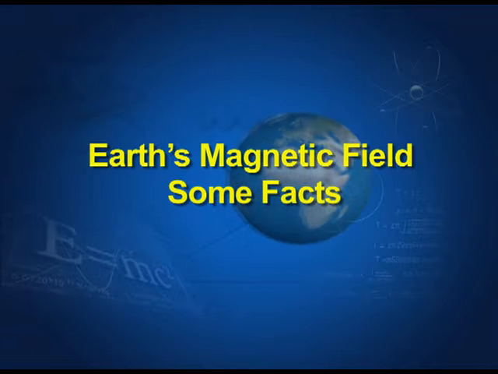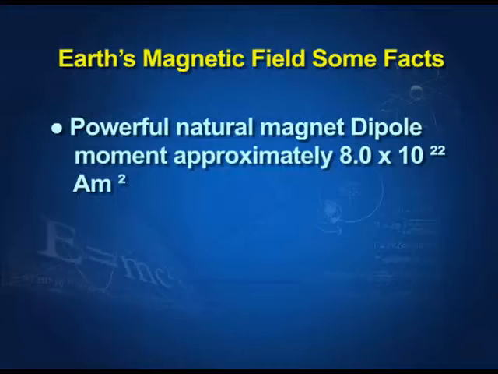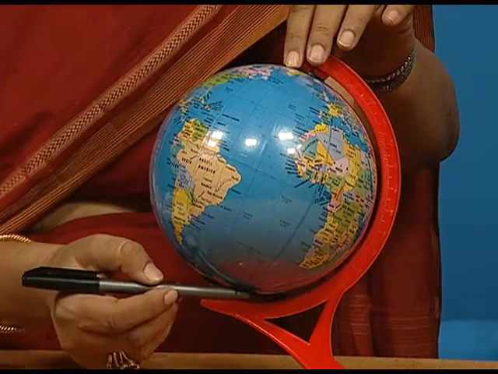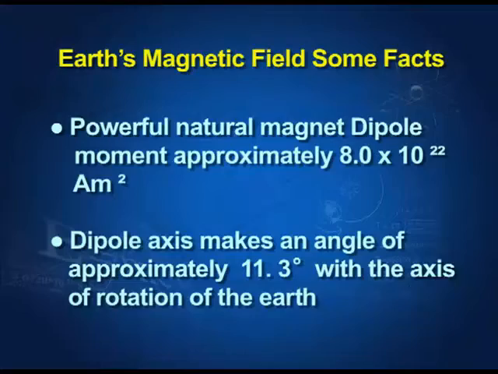That means it is not exactly coincident with the geographic north, which would be passing through the axis here. Some more facts known about the magnetic dipole inside the Earth are that it has a dipole moment of around 8 times 10 to the power 22 ampere meter square, and the dipole axis is obviously inclined, joining the two magnetic poles here, to the axis of rotation, and this angle has been found to be 11.3 degrees.